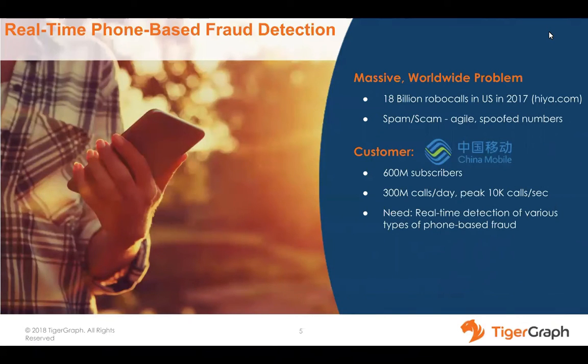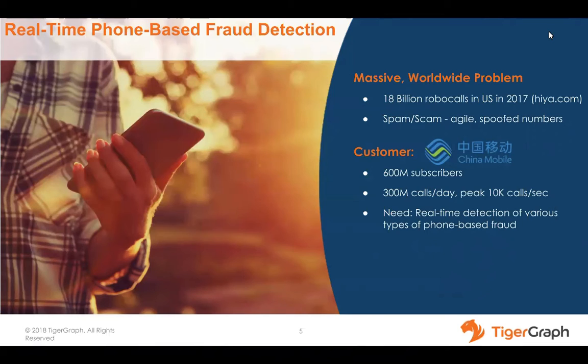As we said, today we're talking about using graph to assist with fraud detection. The particular example case we're going to look at is a real use case, fraud in phone communication. This is a massive worldwide problem.